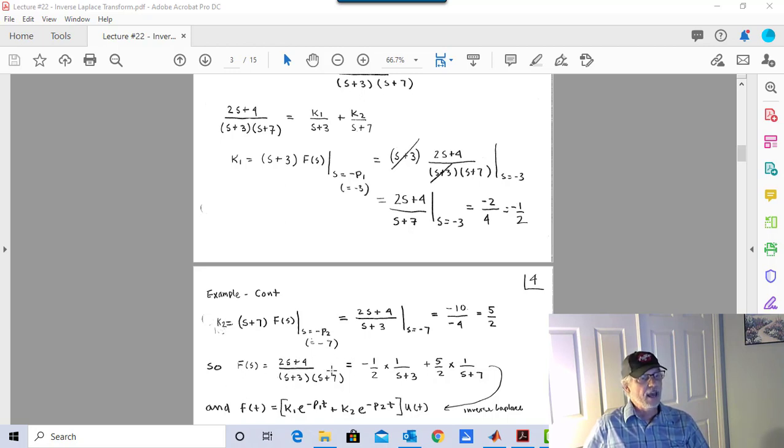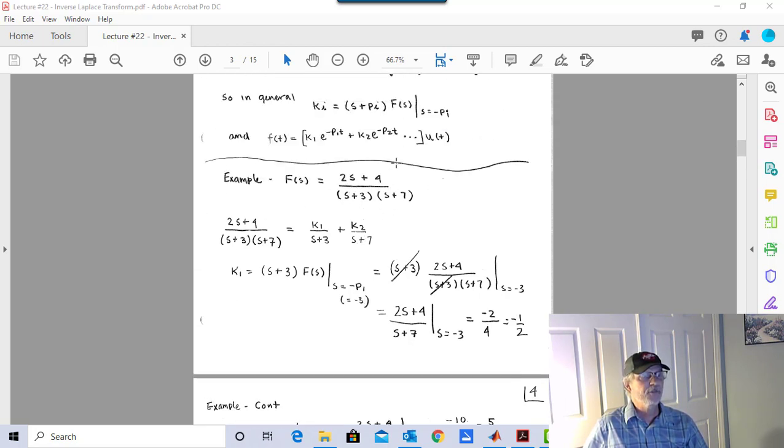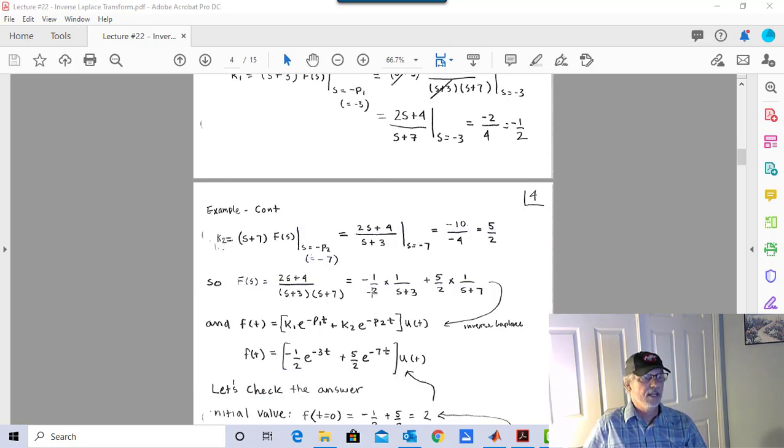So F of S, when I put it all together and use my guarantee, I can say that our transfer function that we started off with, and we were guaranteed that we could represent by this function here, is K1, negative 1/2 times 1 over s plus 3, plus K2 times 1 over s plus 7.